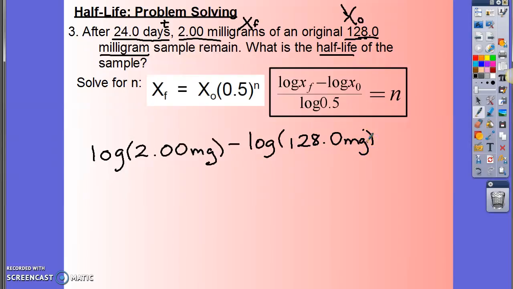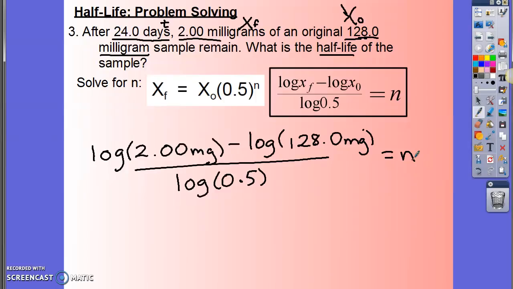And that's all over log of 0.5. And that whole thing is equal to n. So we have to solve it to find n. And what I'm going to tell you is pretty important. When you're putting this in your calculator, you're going to want to do each log separately and then simplify your expression, because it's going to be too complicated to make sure your parentheses are in the right place.